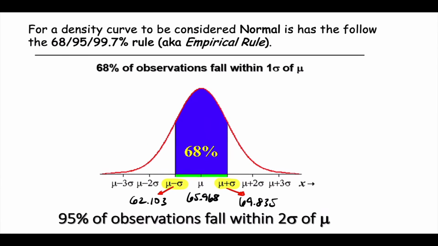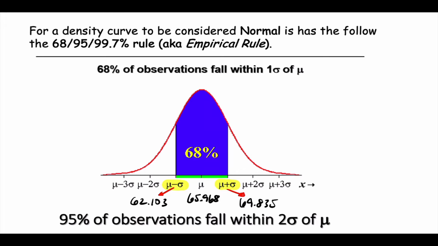Okay, so now what the empirical rule says is, out of the numbers that we have in front of you, do 68% of them lie between these two numbers here? Go to that list. Count how many numbers are between 62.103 and 69.835, and tell me what you come up with.